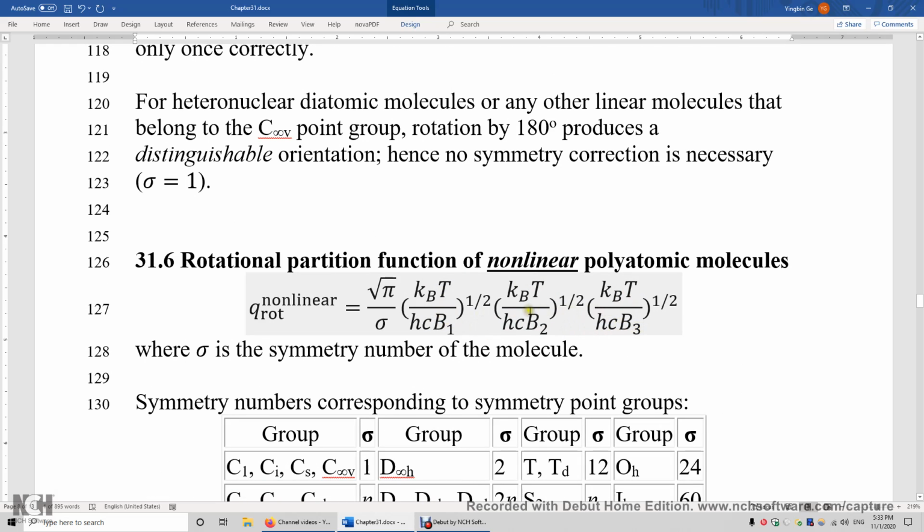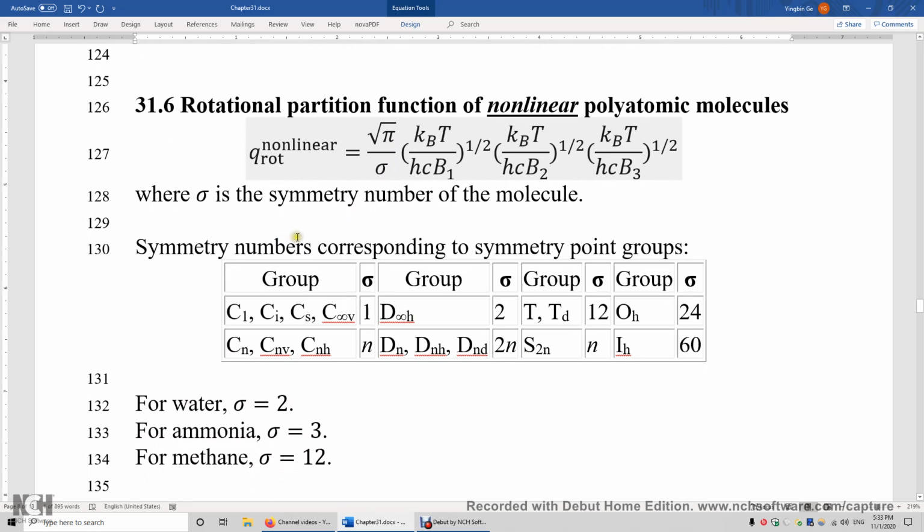Each term is raised to the power of 1/2. B1, B2, B3 are the 3 different rotational constants regarding the rotation about the x, y, and z directions. And over here you have a square root of pi on top and then the symmetry number on the bottom.